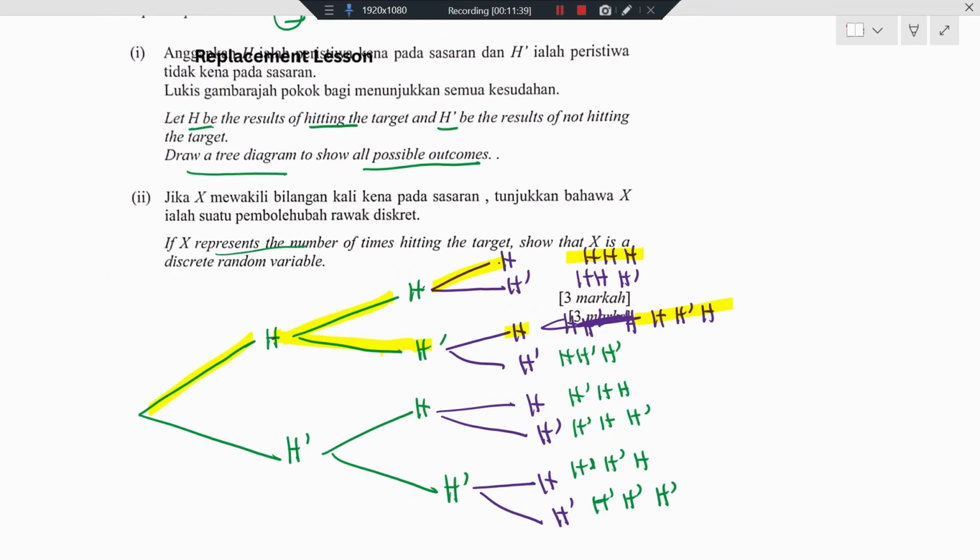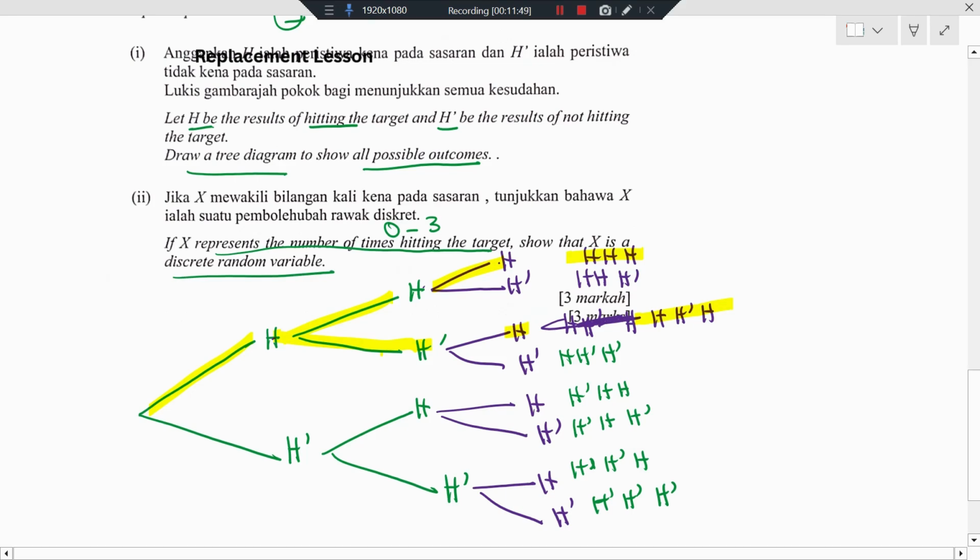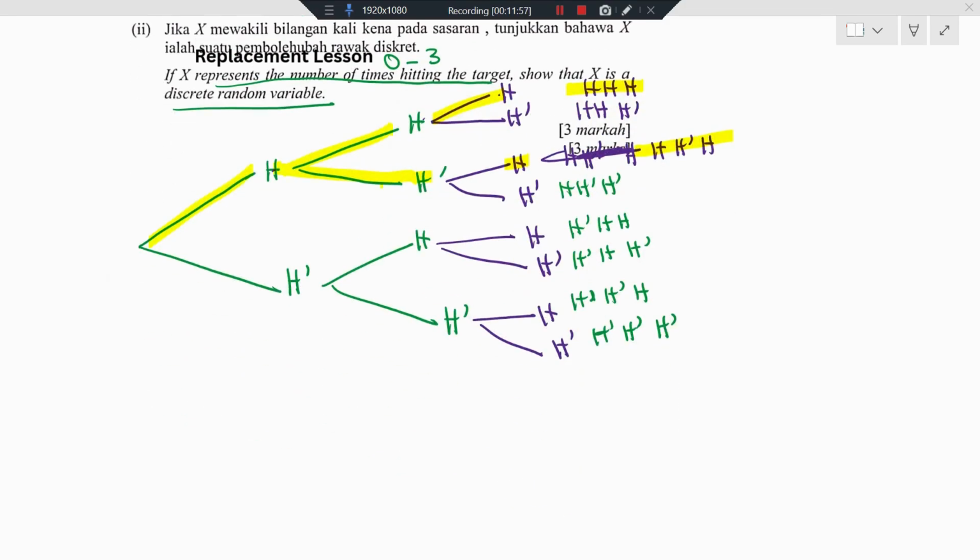Let X represent the number of times hitting the target. So hitting the target, maximum 3, minimum none. Show that X is a discrete random variable. Okay, how can we show this is a discrete random variable? You need to remember the properties of a discrete random variable. The main property of a discrete random variable compared to continuous is that discrete is something we can count, right?